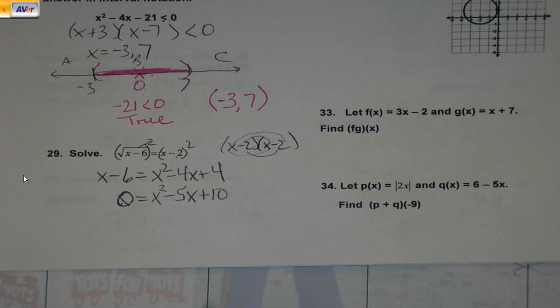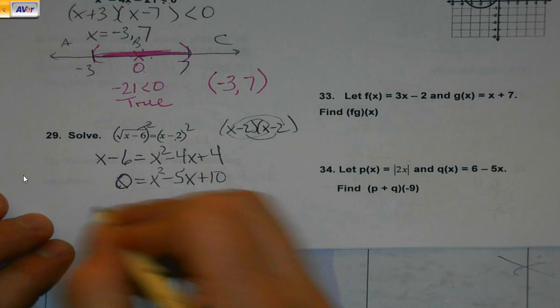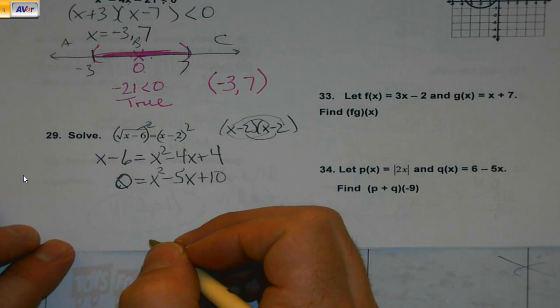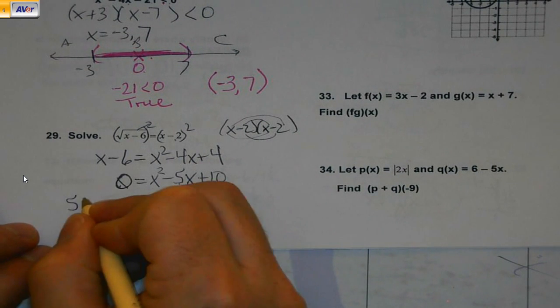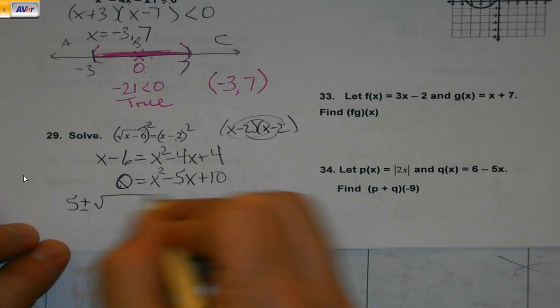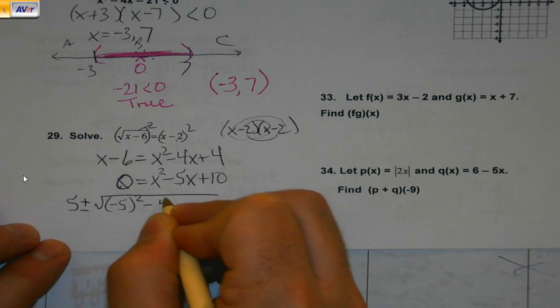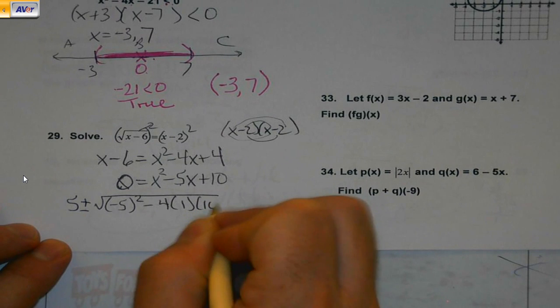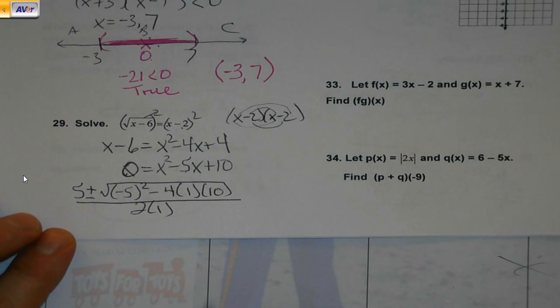And then at this point, I'm going to try a couple of things. First, I'm going to try to factor it. But if it doesn't work, yes, I'm going to have to go to the quadratic formula. So the opposite of b, plus or minus the square root of b squared minus 4ac over 2a.